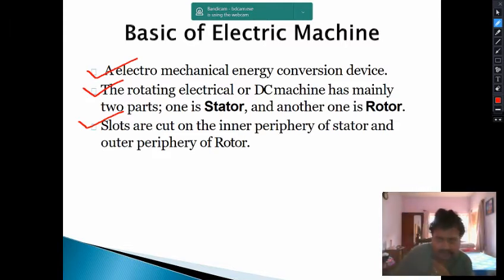So now today we will be proceeding with the construction, and we will discuss the laws.